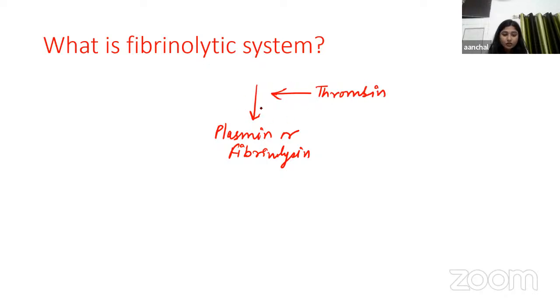Also an important thing is TPA. What is TPA? TPA is tissue plasminogen activator, okay? And this TPA is released by tissue damage. Right? Now, plasmin lyses fibrin and fibrinogen with the production of fibrin degradation products, okay? That is known as FDP.